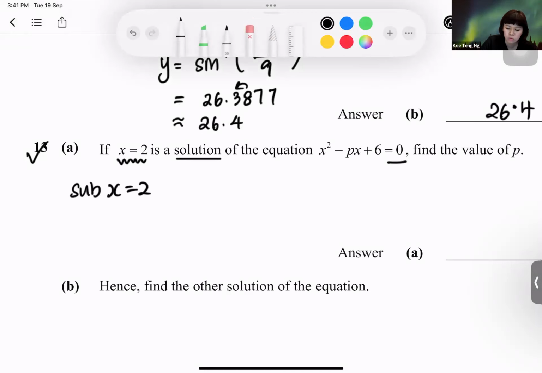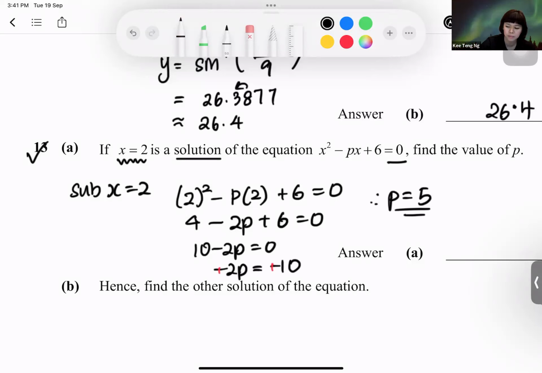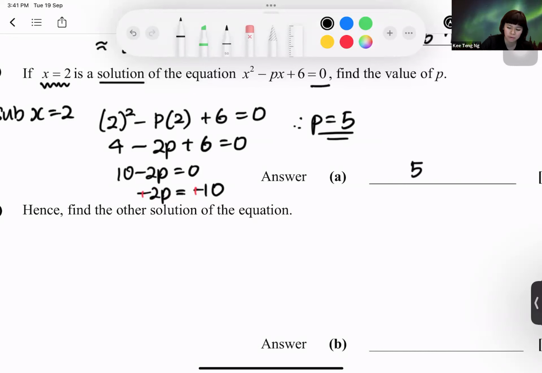So this will be 2 squared minus p times 2 plus 6 equals 0. 2 squared is the number 4. P times 2, 2p, plus 6 equals 0. 4 plus 6, 10 minus 2p equals 0. Negative 2p equals negative 10. Divide away negative, divide away 2, p equals 5. Okay, so you have your answer. Find the value of p, 5.